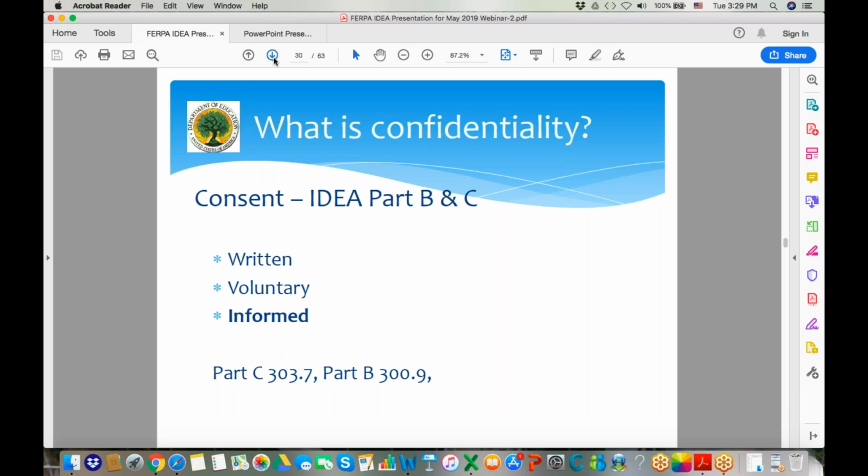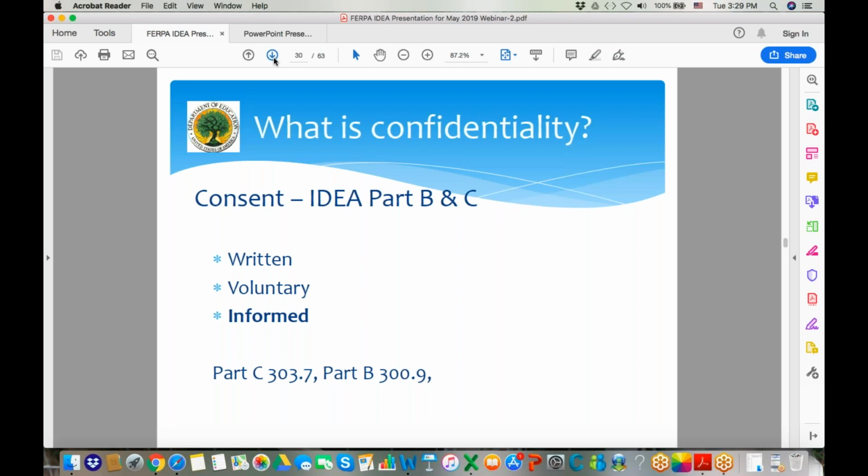For example, there are times when primary referral programs want to try to get consent from families early on in the process when they refer a child to the Part C program. For example, the EDI program may want to get information as they refer a child to Part C about what happens with the child, because they have tracking and other data that they have to report, and also because they want to ensure that that child does not slip through the cracks.